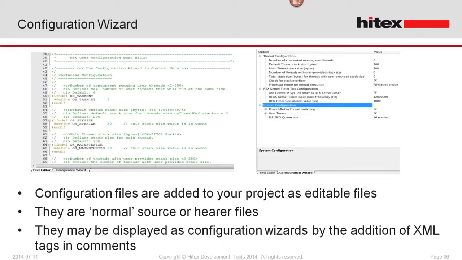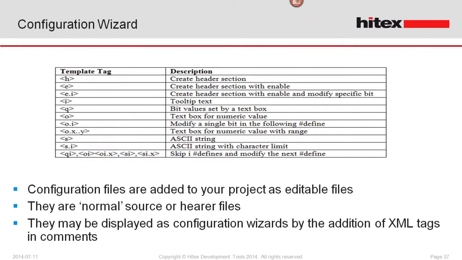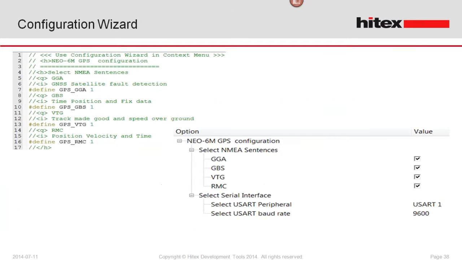The first time you make up one of these files probably takes about half a day or so. But once you get used to it, it's quite easy to construct them. It's sort of cut and paste and change the text, so you can build these things up quite quickly. So again, there's a limited number of tags that allow us to view, modify, and enable sections of our configuration header files.